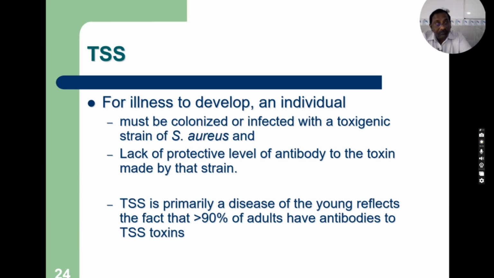Coagulase-negative Staph won't cause toxic shock syndrome because it is not that virulent, but Staph aureus is very virulent. Lack of protective levels of antibodies to the toxins made by that strain is key. It is primarily a disease of young people, which reflects the fact that more than 90% of adults have antibodies to the TSS toxins.